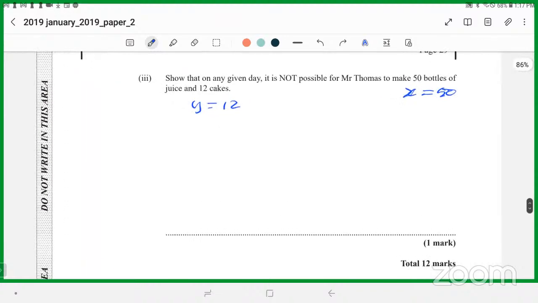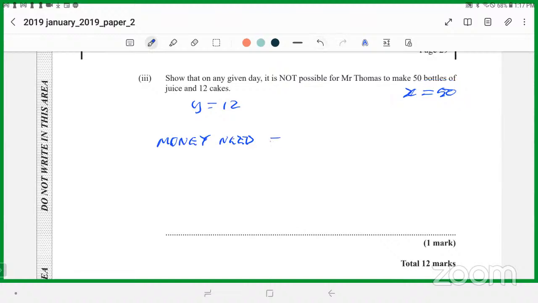So the amount of money needed. Let's do it this way: money needed. It's showing you $3.50 to spend per each bottle.